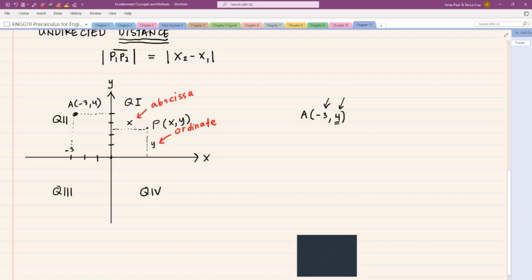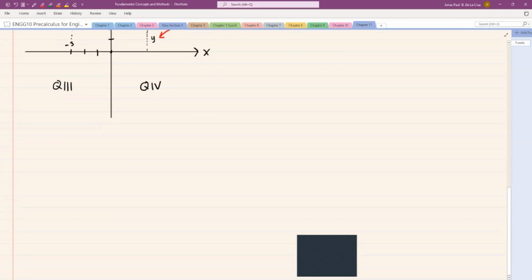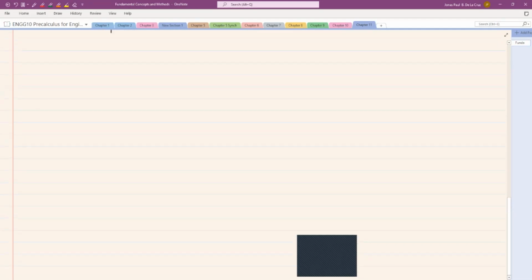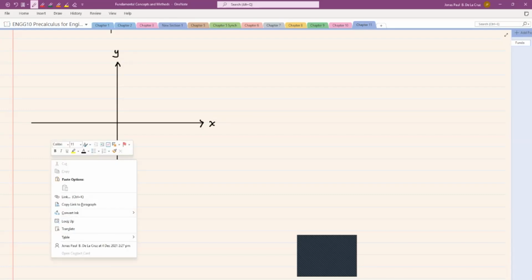Okay? Now, if we are given 2 points, for example, in the Cartesian coordinate system, we are given 2 points. Tawagin natin na point P1 and point P2. Okay, so this is the positive x, going upward is positive y. Suppose we have point P1, nandito yung point P1 natin sa third quadrant.